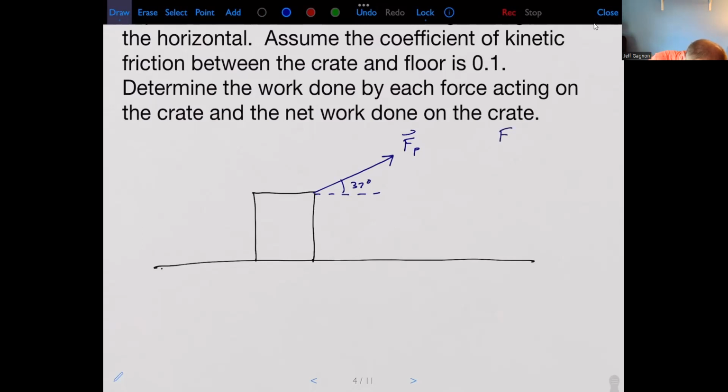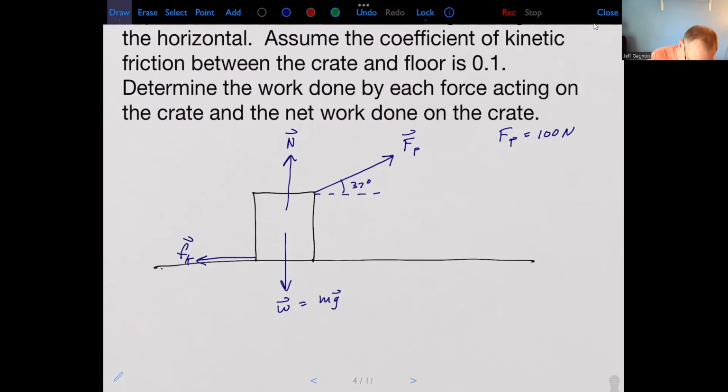So FP is equal to 100 newtons. What else is acting? I have the weight, the gravitational force acting on the object, that's going to be mg. I have a normal force acting up. And in this case, I also have a frictional force. Since it's moving, it's going to be a kinetic frictional force, Fk, acting to the left.